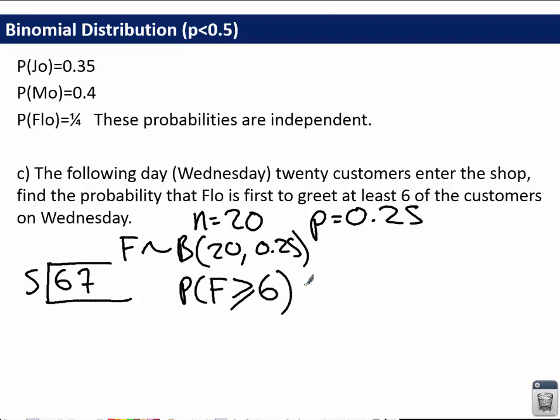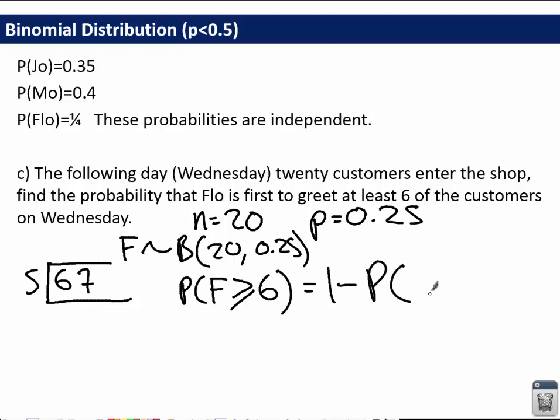Now, to work this out, you cannot just use your table straight away, because remember, your table is less than or equal to. So we have to turn it around. Yes, you do. As the sum of the probabilities is 1, the probability that Flo is 6 or more is the same as 1 minus the probability that Flo is 5 or less.